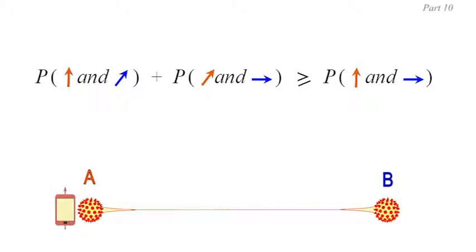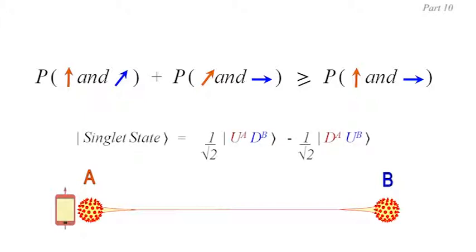The mathematics of that, if you recall, was such that we could write the state vector for the entangled pair before measurement in lots of ways, but one of them was like this, a combination of two of our basis states, up down minus down up, with the 1 over root 2 multiplying each of them.